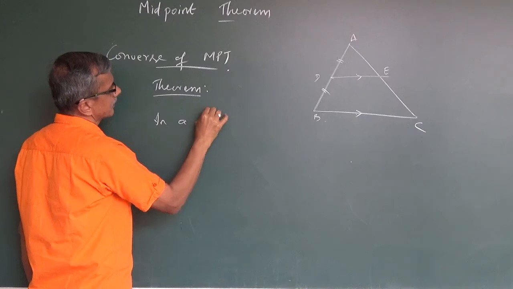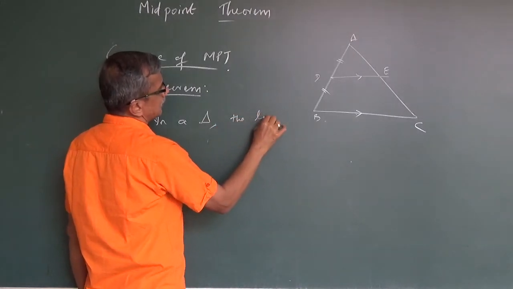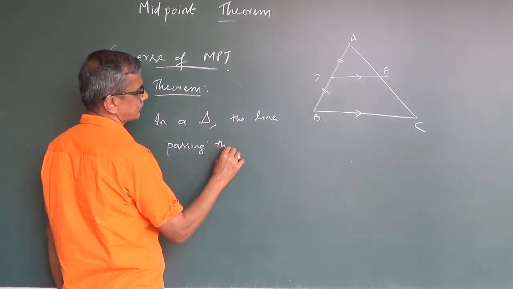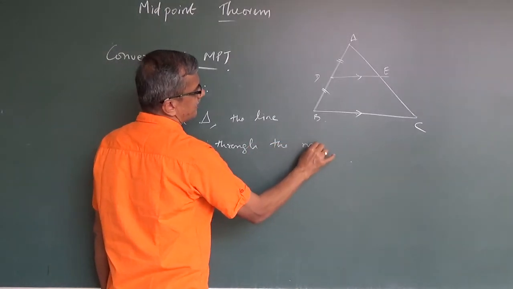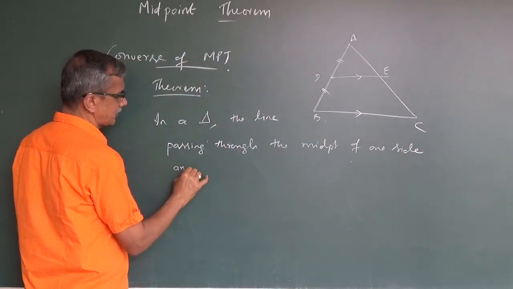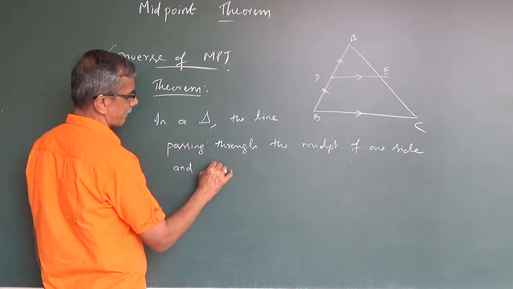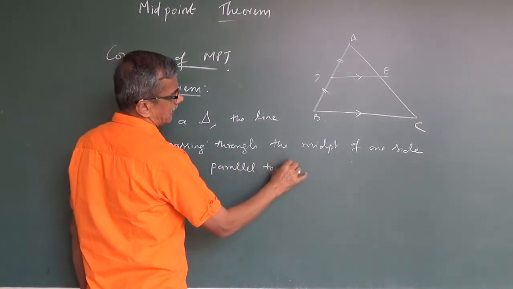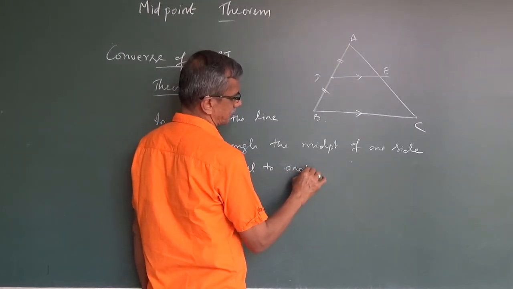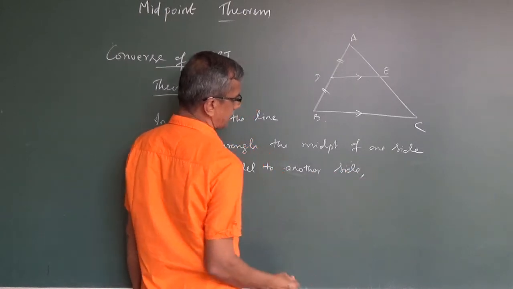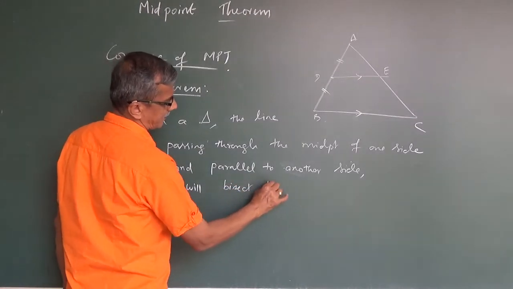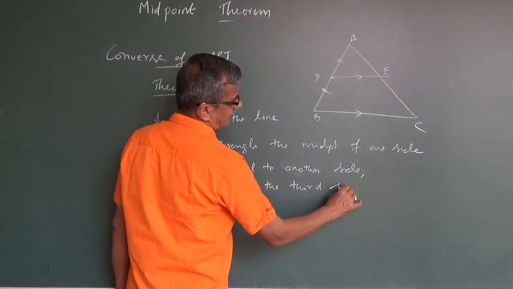In a triangle, the line passing through the midpoint of one side and parallel to another side, parallel to the base, will bisect the third side.